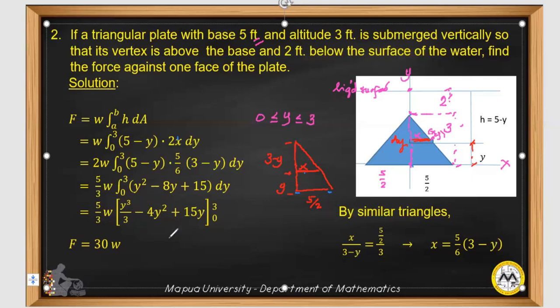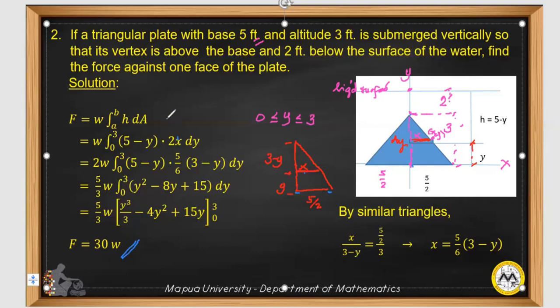So we will have 3 raised to the third power over 3 minus 4 times 3 squared plus 15 times 3. And if we multiply the result by 5/3 w, then the force due to liquid pressure is equal to 30 times the weight density of water.